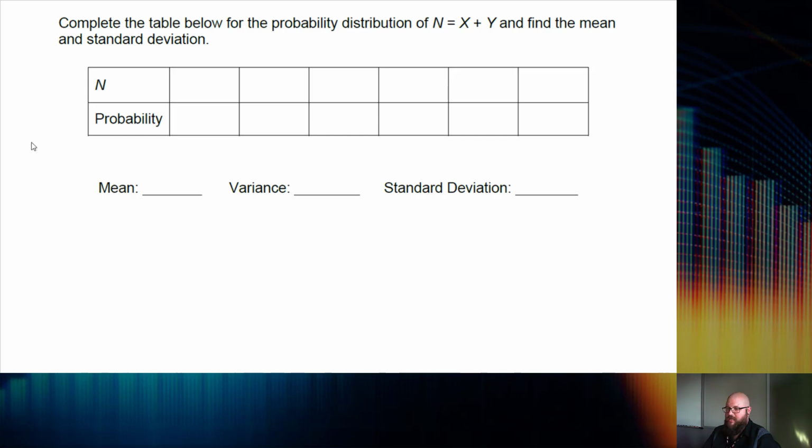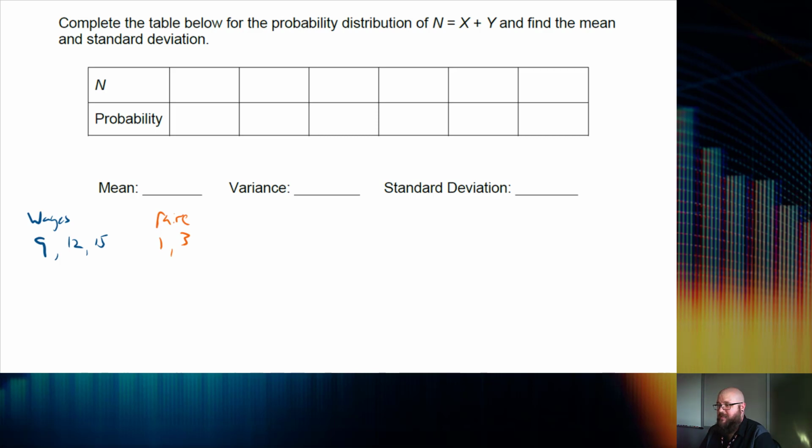So again, our wages were $9, $12, and $15, and for the raise we had the option of $1 or $3.